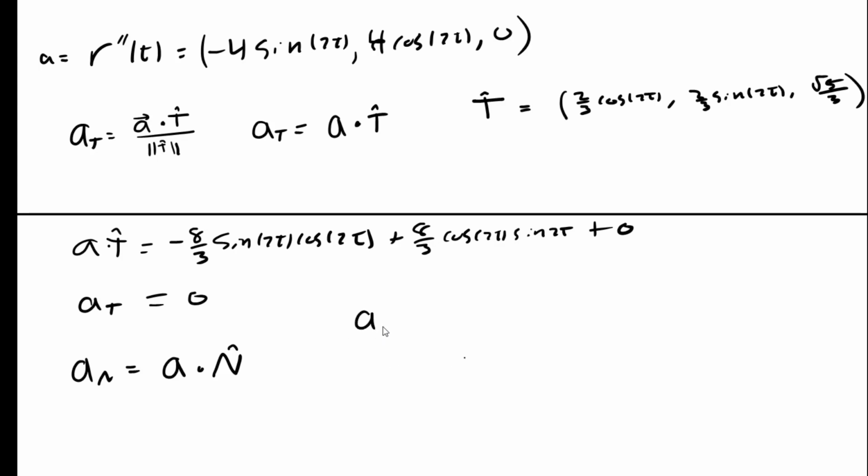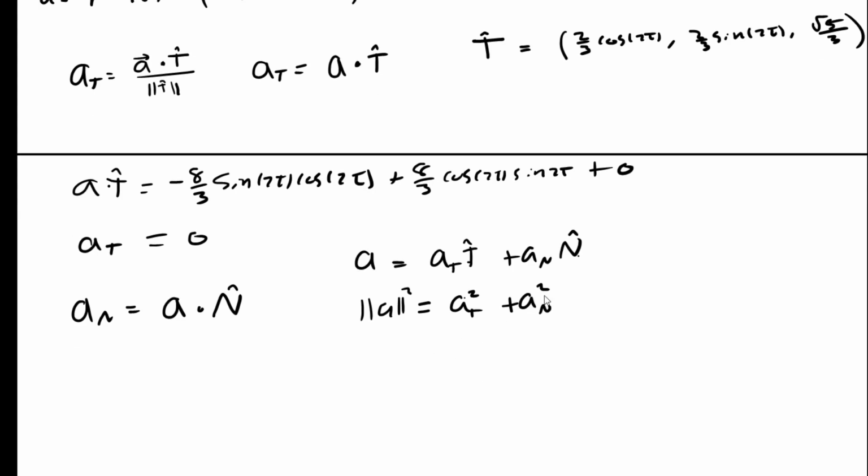I know that A equals AT T plus AN N, and since these two vectors are orthogonal, the norm of A squared, by the Pythagorean theorem, is going to be AT squared plus AN squared.